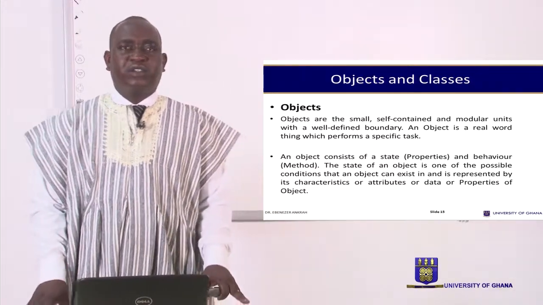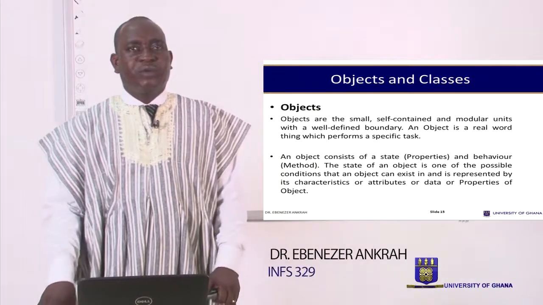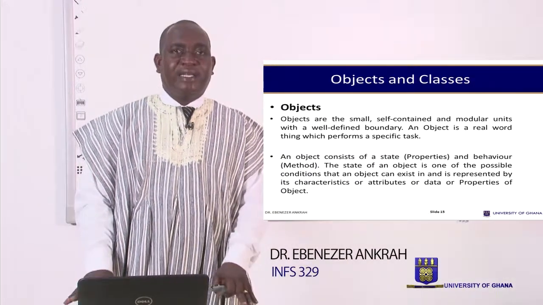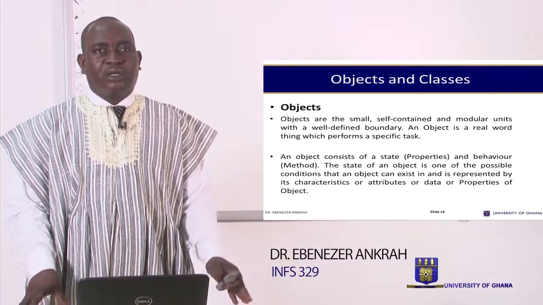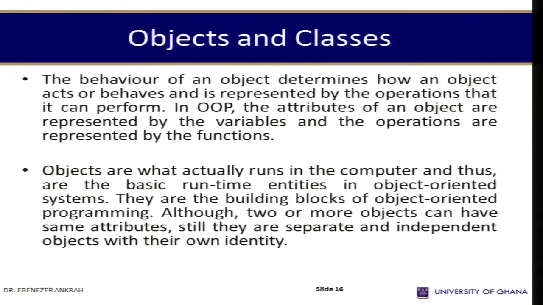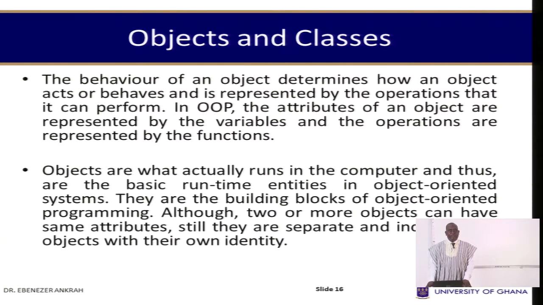In object-oriented programming or object-oriented database management system, objects are containing the properties and behavior as well. The behavior of an object determines how an object acts or behaves. It is represented by the operations that it can perform.